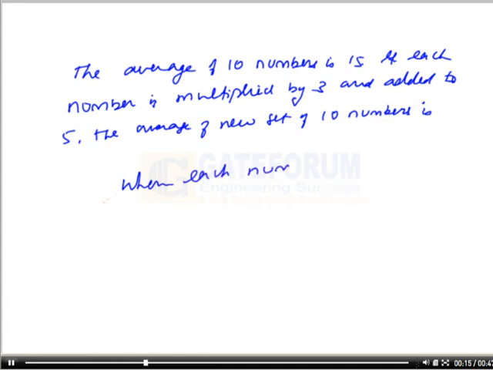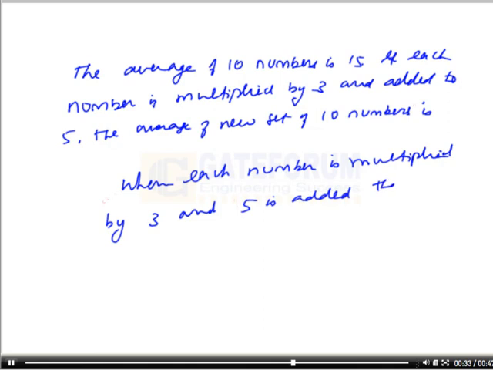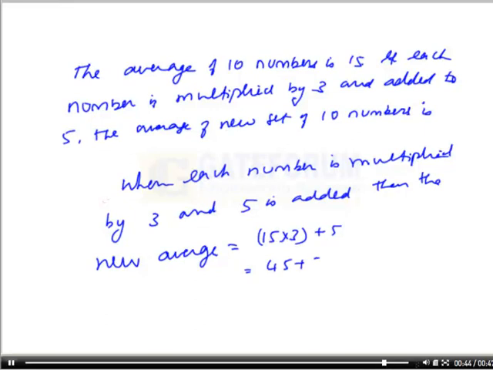When each number is multiplied by a constant 3 and a constant 5 is added, then the new average will be 15 multiplied by 3 and added 5, so 45 plus 5, that will be 50.